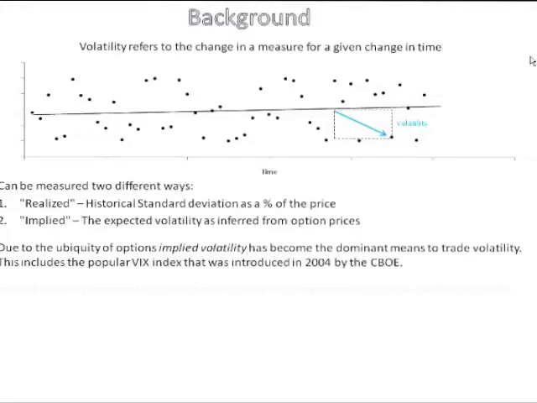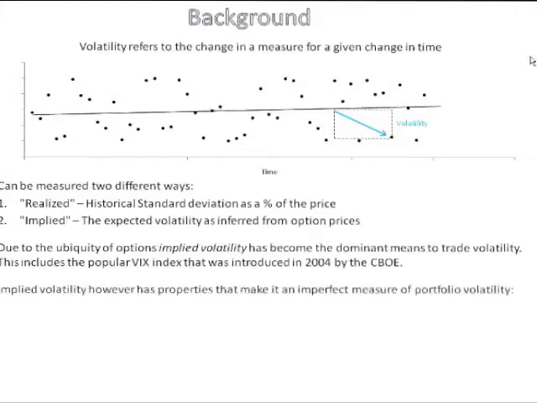Implied volatility, however, has properties that really make it an imperfect measure, one that investors who aren't as sophisticated, or don't have the substantial resources that investment banks and hedge funds do, may want to be wary of. It is well known in financial literature that there's a positive bias in implied volatility relative to real or actual volatility.